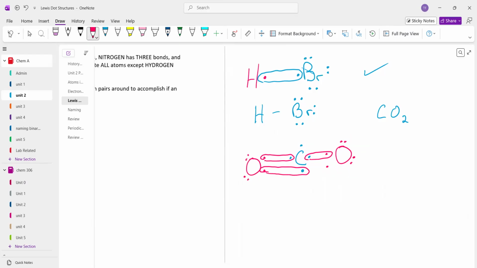So instead, we're going to make the connections a little differently. We're going to bond these two together and these two together, which is much nicer looking. Okay, so no more unbonded singletons.